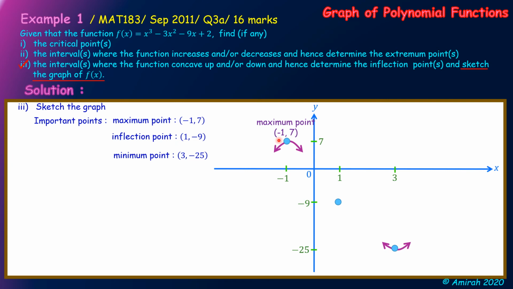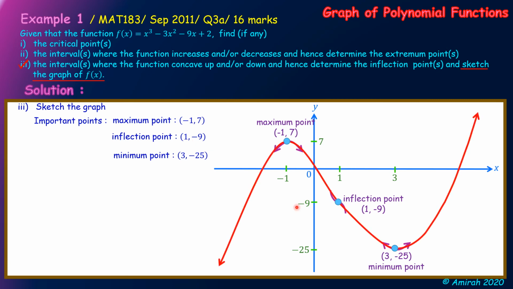We draw a small minimum curve at point (3, -25). Then we draw a small inflection curve at point (1, -9). And then we join the graph like this. So this is the graph of y, or f(x), equals x cubed minus 3x squared minus 9x plus 2.